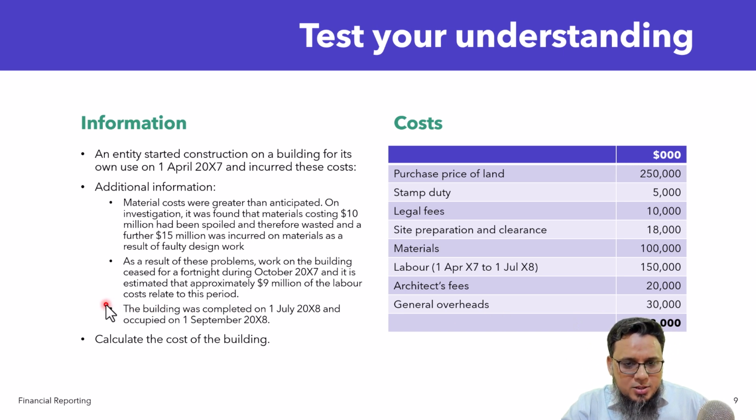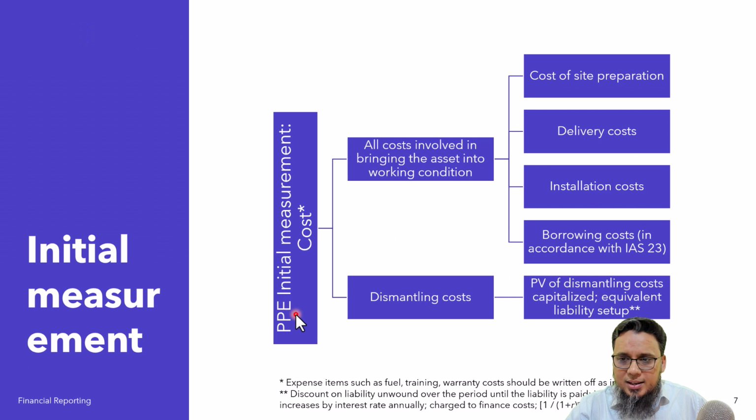But this little piece of information, the building was completed on 1st July 20x8 and occupied on 1st September 20x8, should tell you when to capitalize that asset. So 1st July, the asset was ready. It should be in that condition. And if we go back to the definition, all costs involved in bringing the asset into working condition.